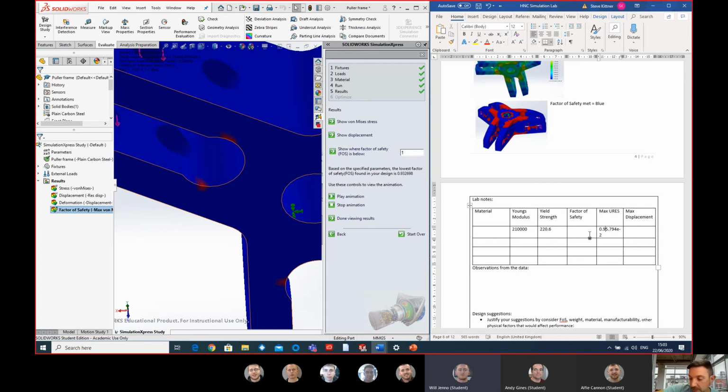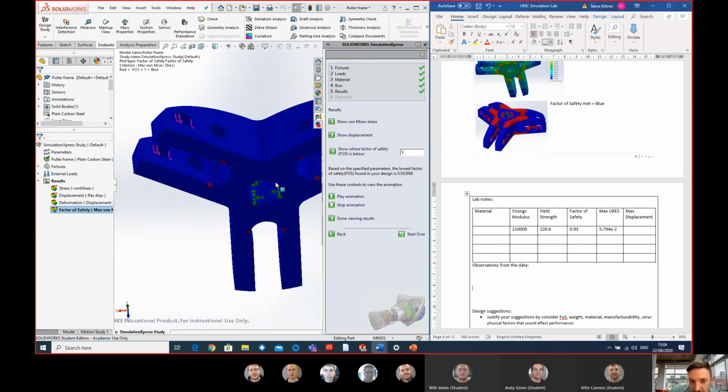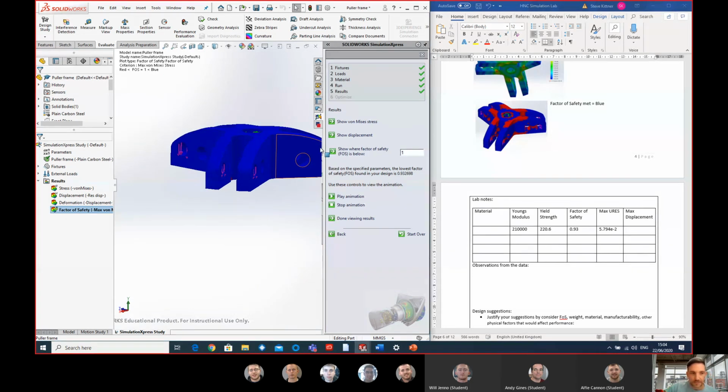Wrong box. Oh, wrong box. Thank you. What do we say? 0.93. Okay, so there are some errors here which show that we wouldn't really be able to get up to 4,000 newtons using plain carbon steel. It was plain carbon steel, wasn't it? Yeah, let's type that in.